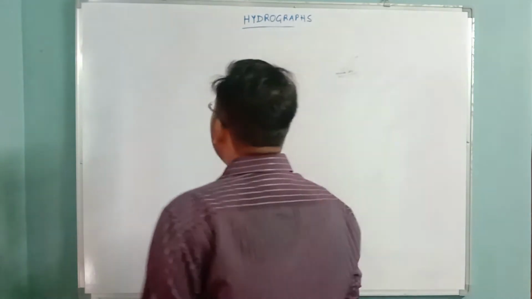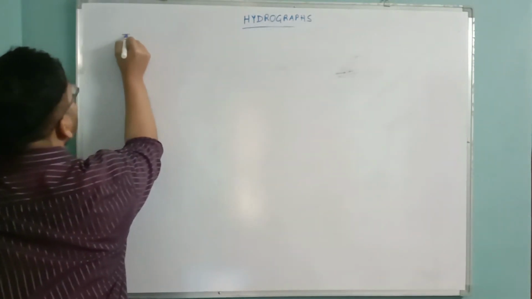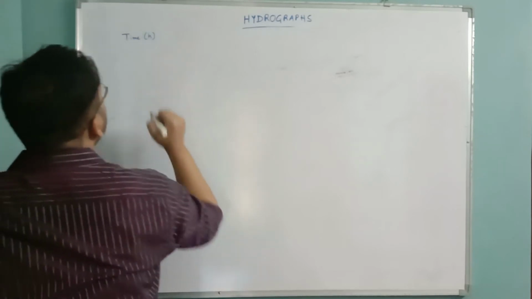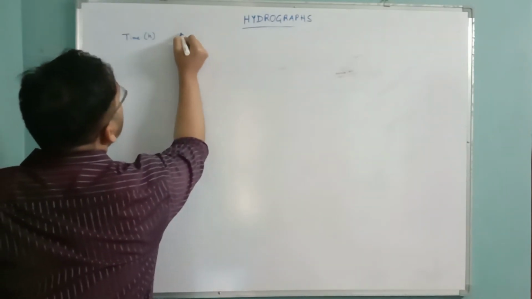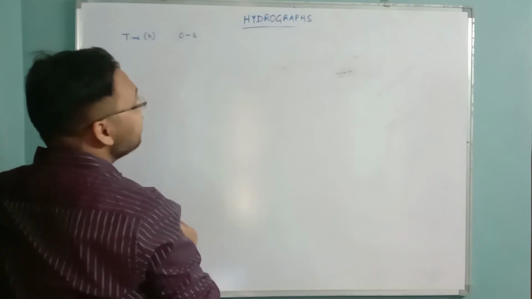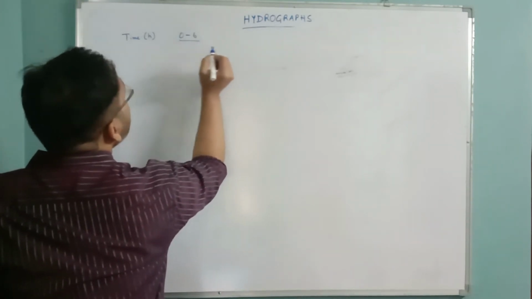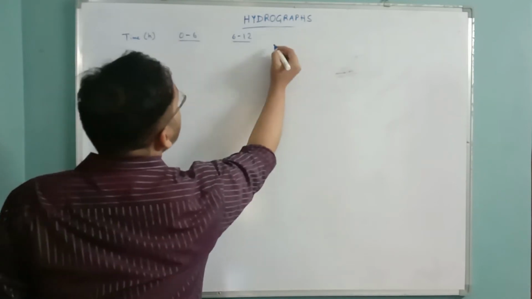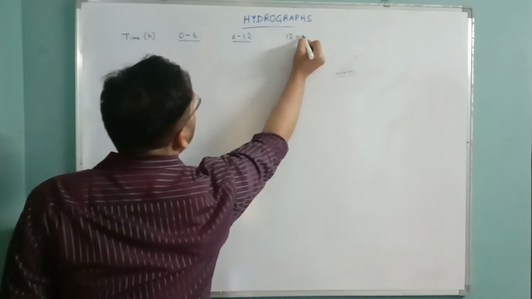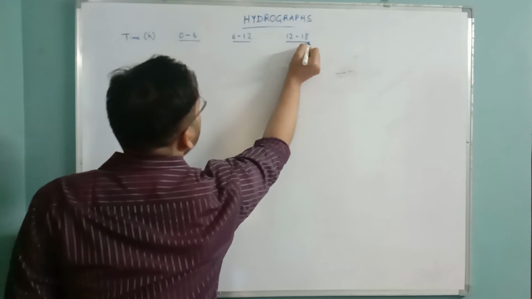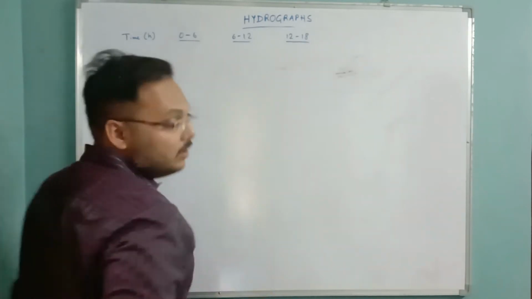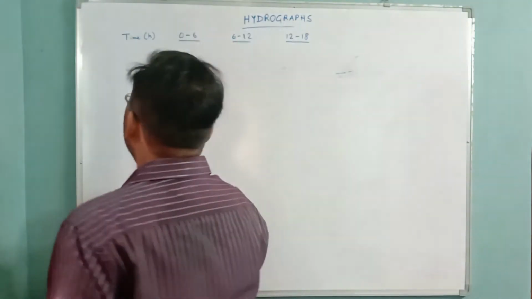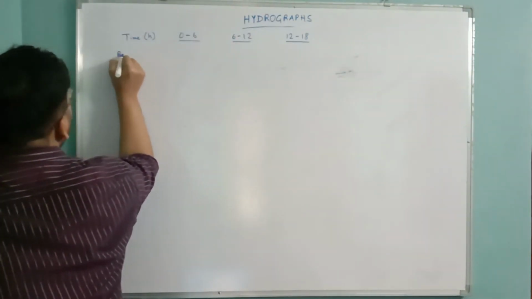For the storm, what is given is the time interval in hours: first is 0 to 6 hours, next one is 6 to 12, and then 12 to 18. Next we are given the rainfall in this particular interval.